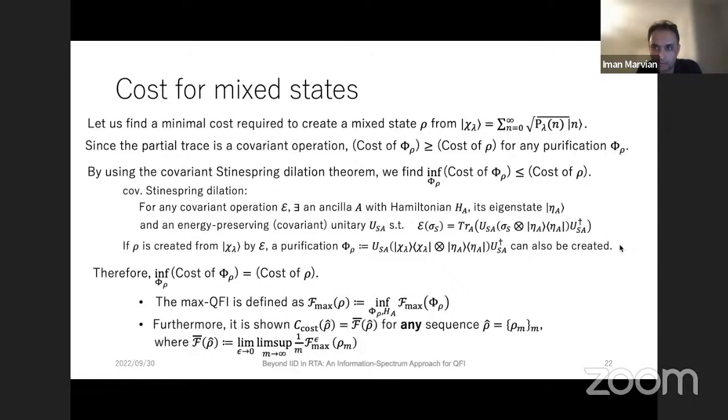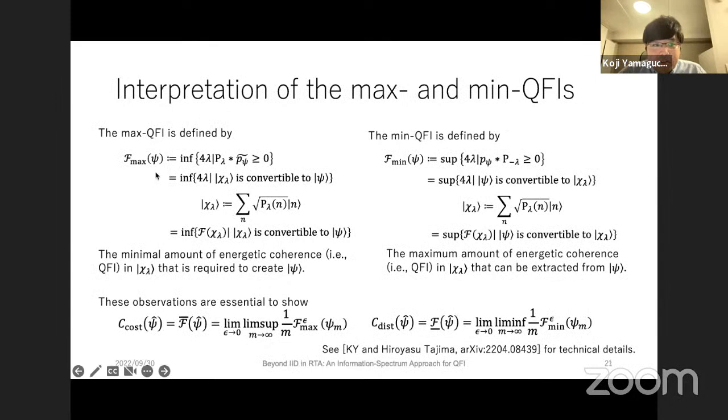You mean that instead of this definition, we may use just this one as a definition, even for mixed states. Is that your point? I'm just suggesting, usually we define it operationally in terms of the minimum rate of resource that you need to consume to prepare copies of those states.